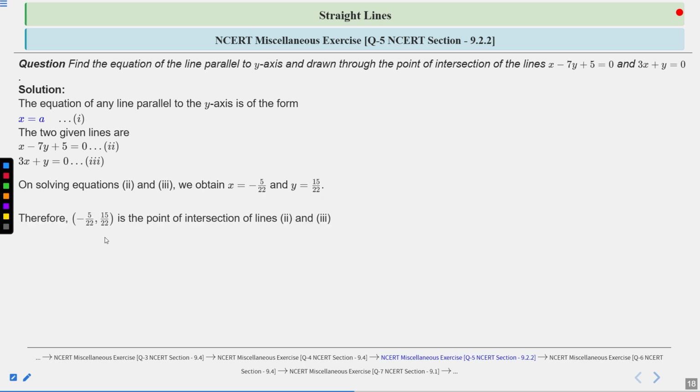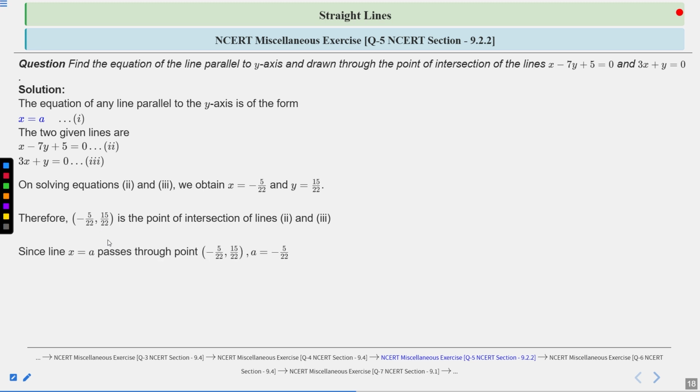So therefore, minus 5 by 22 comma 15 over 22 is the point of intersection of the lines 2 and 3.